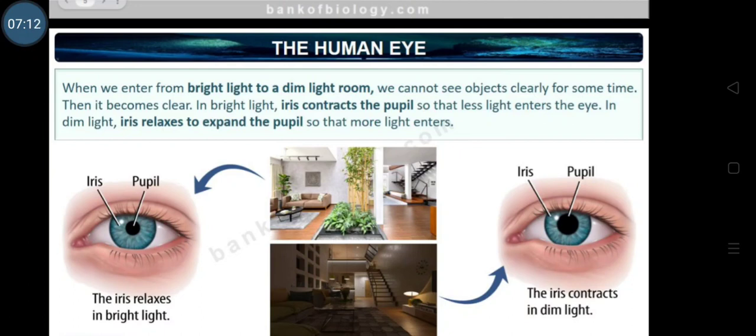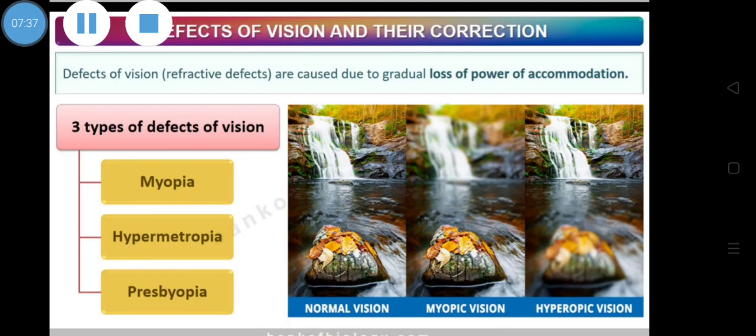So accordingly, the size of the pupil becomes smaller or larger. When the iris contracts, the pupil becomes smaller and less light enters the eye, and when the iris relaxes and expands the pupil, more light enters in dim light. So this is what we studied about the human eye structure.